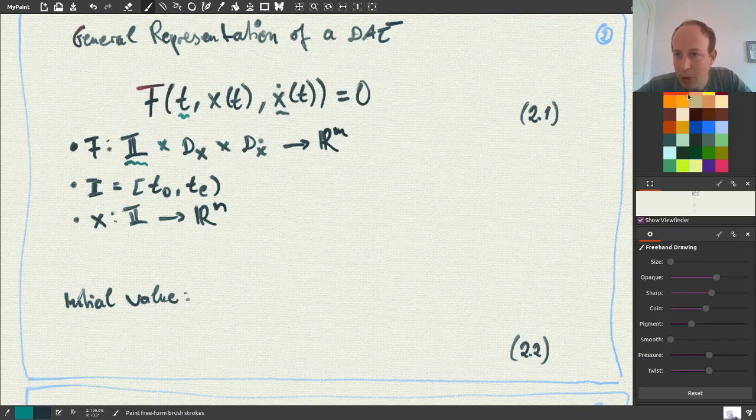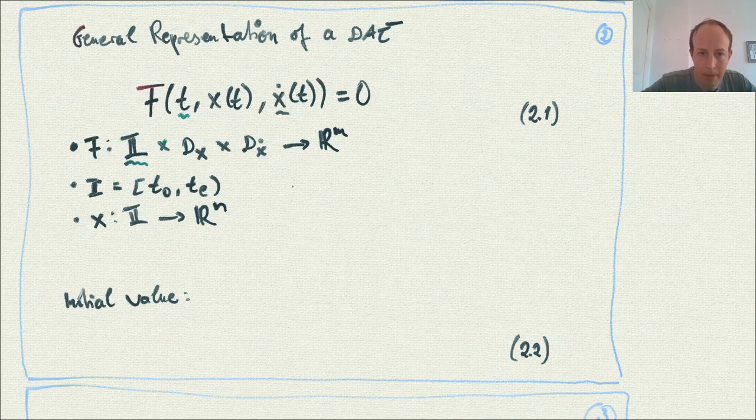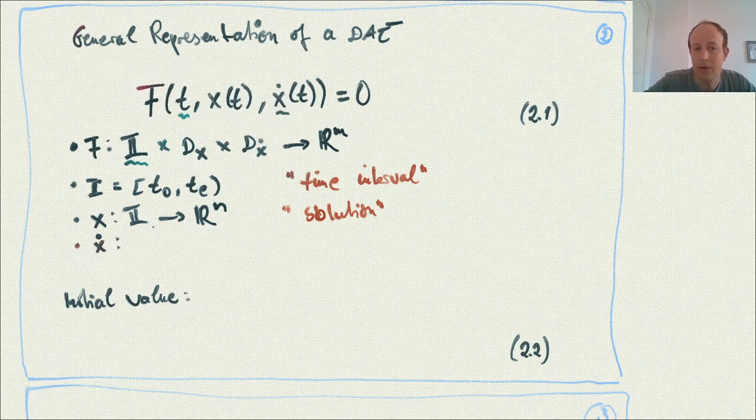This is the time interval. This is, so to say, the solution. And then we want to have that x dot shall be the time derivative of the solution.